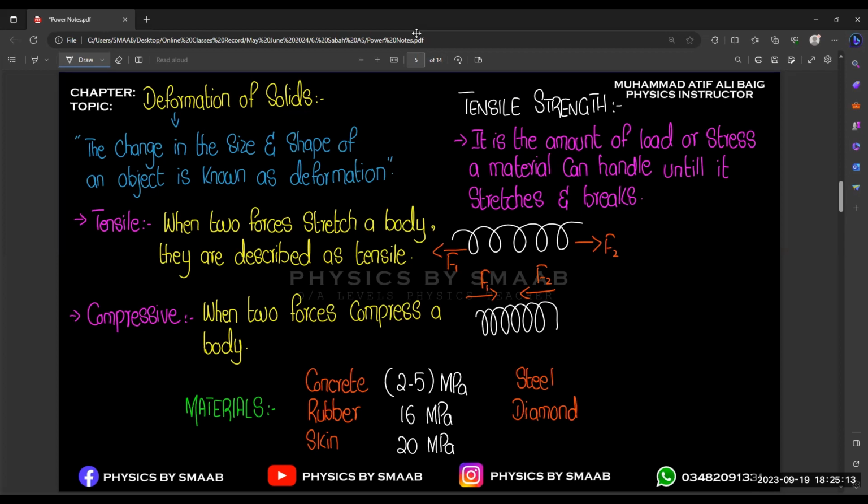So that is also the tensile strength of that material. For steel, we have 840 megapascals, and for diamond, 2800 megapascals, right? So these are some values related to the tensile strength of different materials.